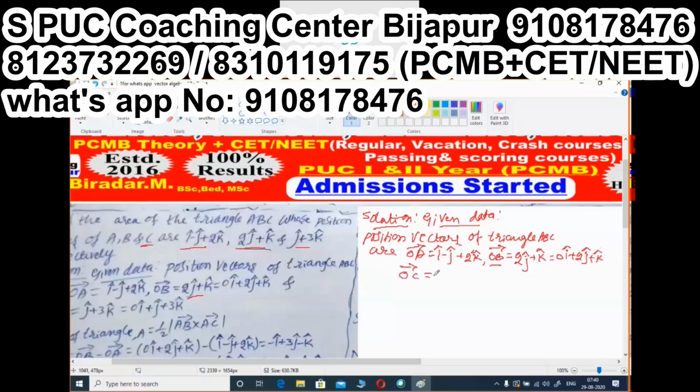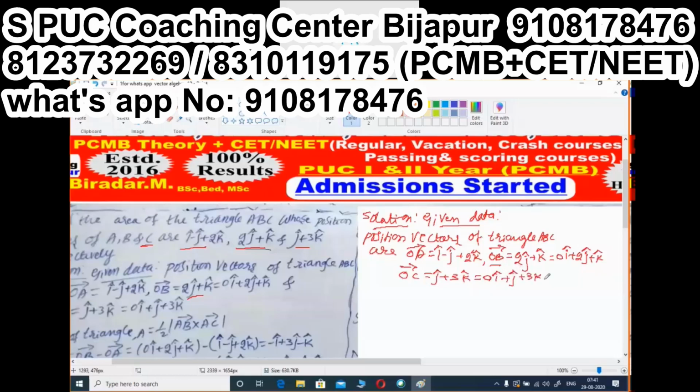Whatever he has given, j cap plus 3k cap, can be written with the missing i cap taken as 0 times: 0 i cap plus j cap plus 3k cap.